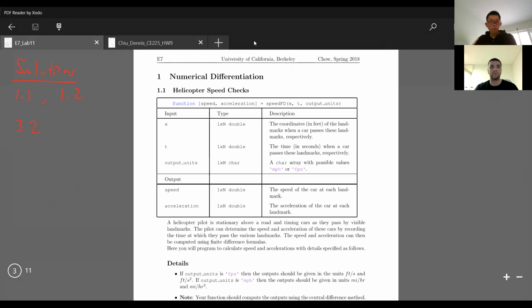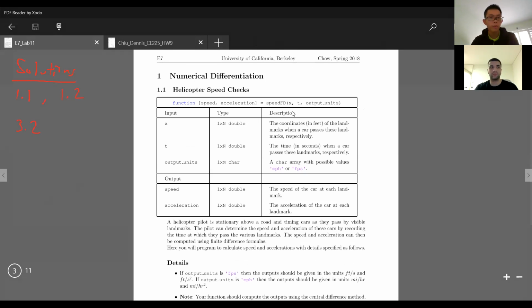let's start with number 1 then. We'll go through the whole PDF just very briefly. Helicopter speed: we have a number line, let's say, and then we have a car traveling along that number line. Let's say we have 1, 2, 3, and we know the x and the t at each of those points.